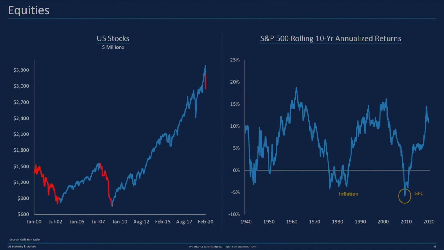You can see that when things are going well, on a 10-year basis, the returns average 15% for the prior 10 years at the peaks. You can see that in the peak in 1960. You can see that in the peak in 2000. You can see that at the peak in 2019. So 15% annual rate of return on a 10-year rolling basis. That's pretty close to where we were a few weeks ago. We were up 30% on a one-year basis in 2019.